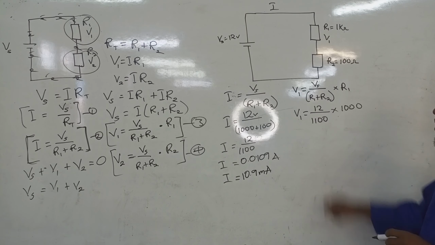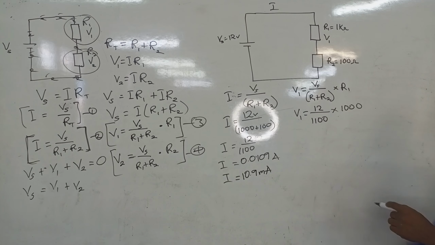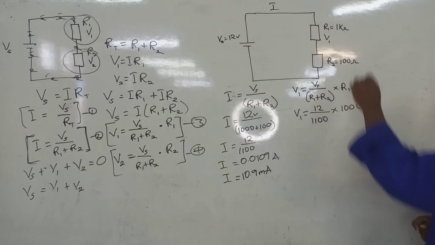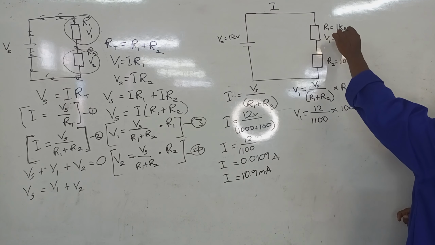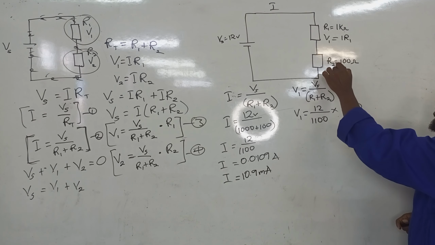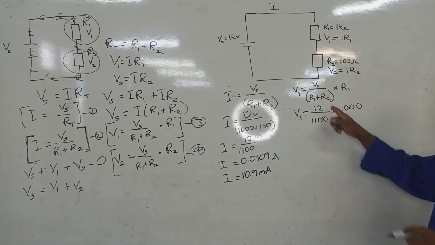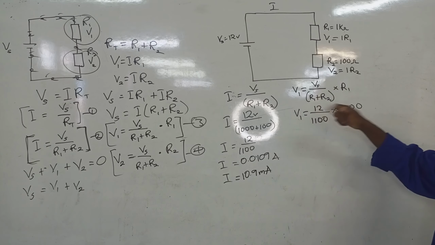Okay, so this is the same as saying the current times the resistor. In fact, there are so many ways you can find that. You see, V1 is the same as IR1. V2 is the same as IR2. So we may not need to go through this process at all.